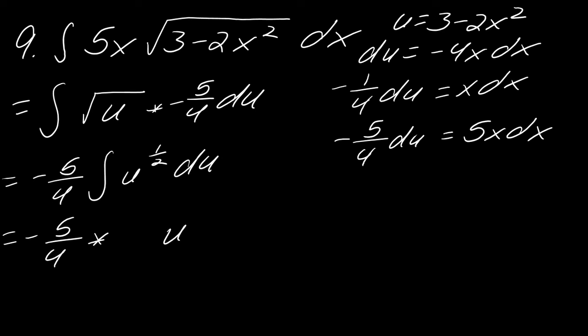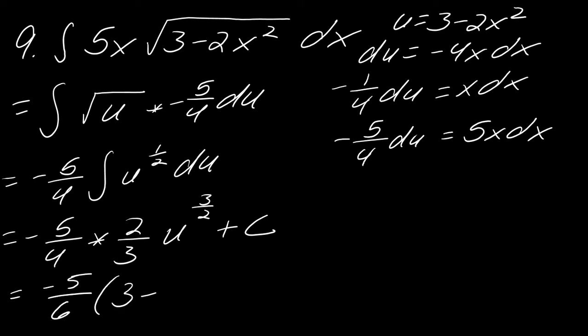I always like to first figure out the exponents. This will be 3 over 2, and then I just multiply by the reciprocal. And then don't forget the plus c. So then what I'm going to get is negative 5 over 6, and then I have to resubstitute this in, (3 minus 2x squared) to the 3 over 2 plus c. And so that would be my answer.